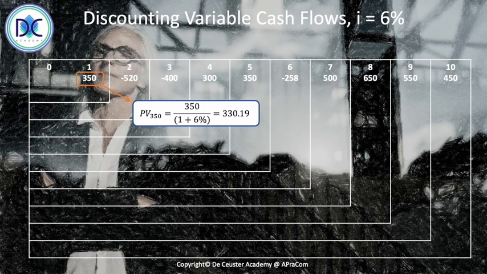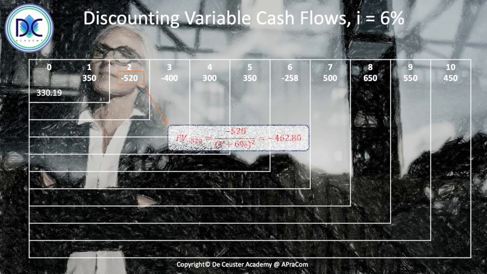We do the same for the next value. So we have the minus 520. When we do the calculation, we see here that we have to divide by 1.06 to the square, and we find minus 462 as a present value. And we continue this for all the other calculations.